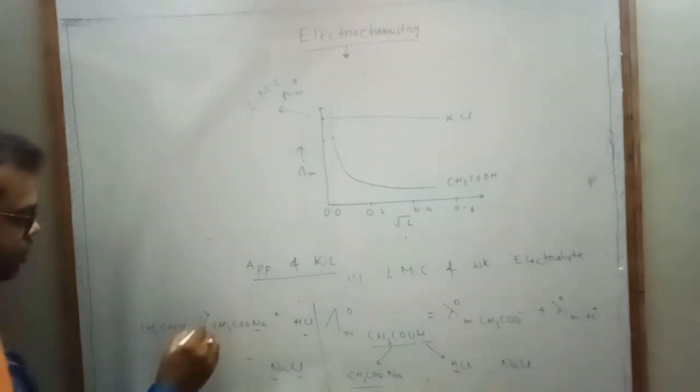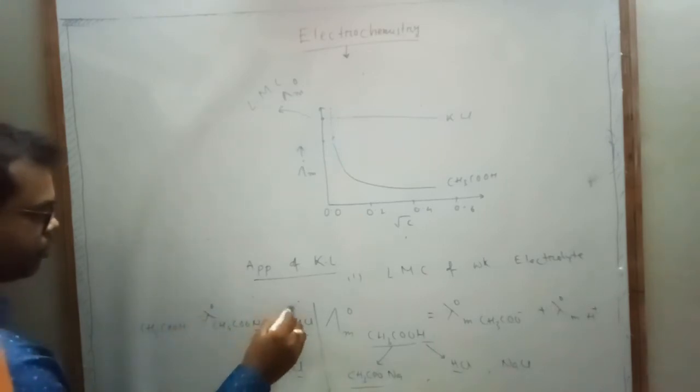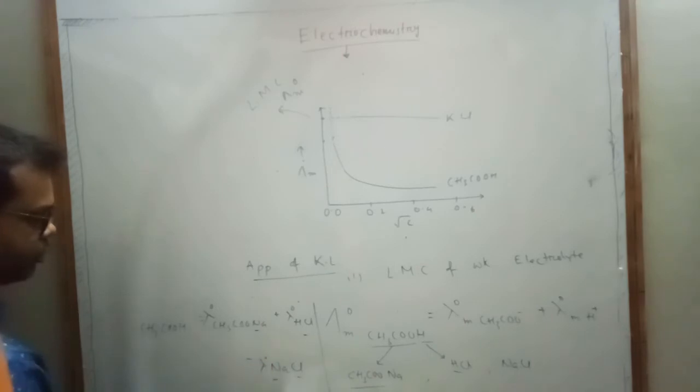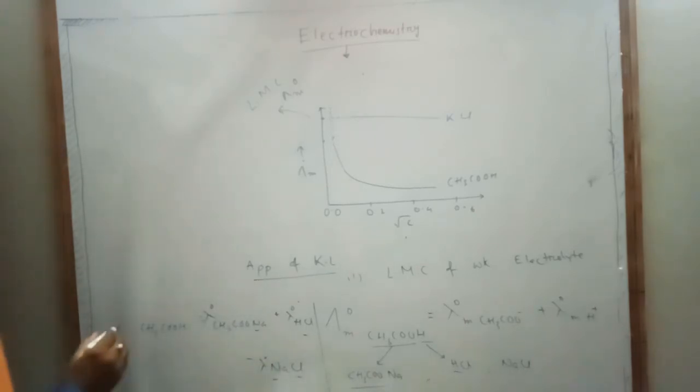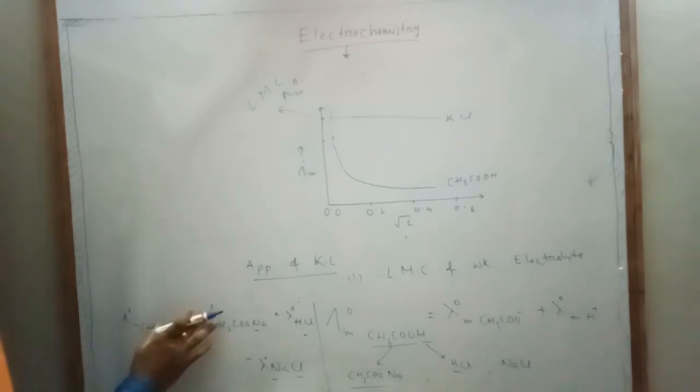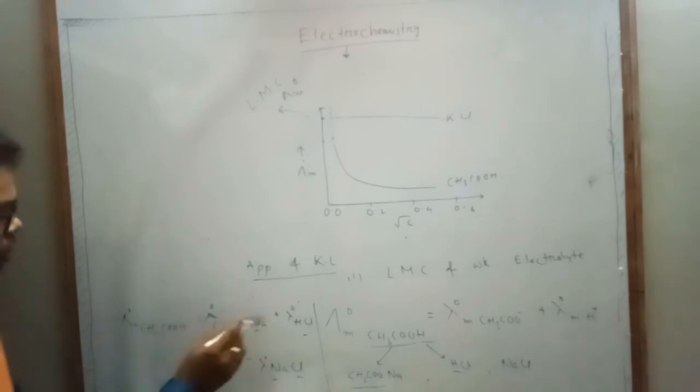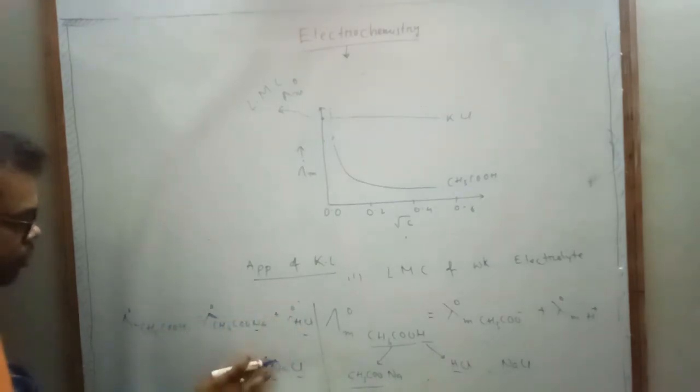So what you have to write there is lambda. From that we can calculate the strong electrolyte. This is actually capital lambda that you have to write for your electrolyte. For an individual cation and anion, you have to write the small lambda.